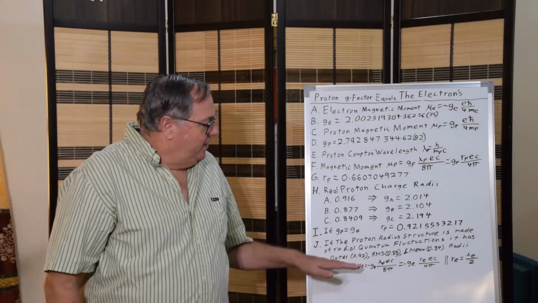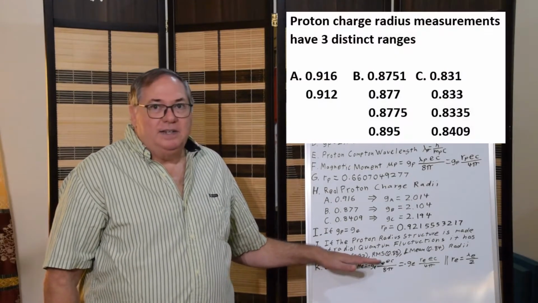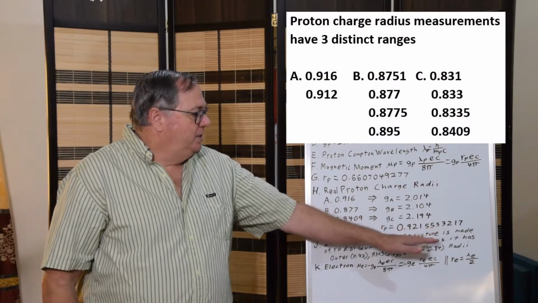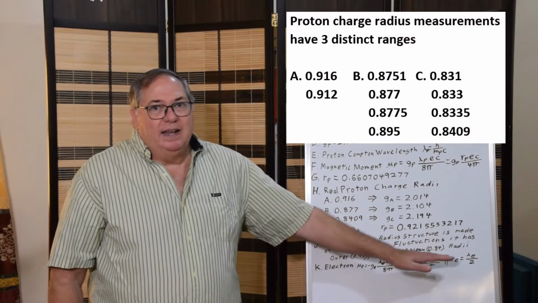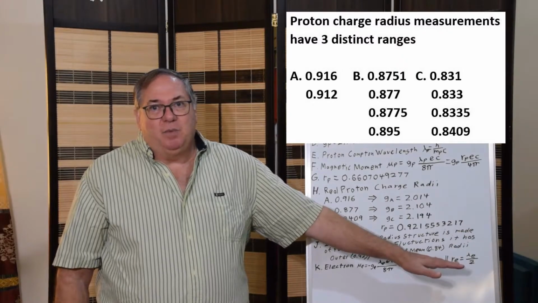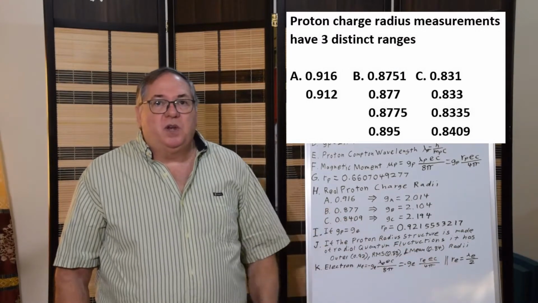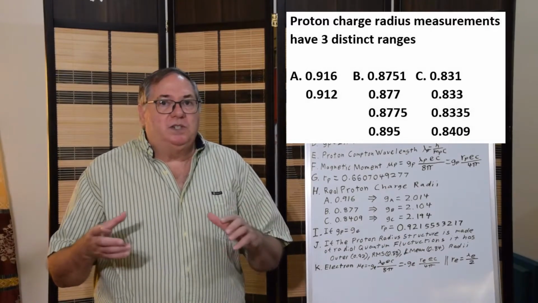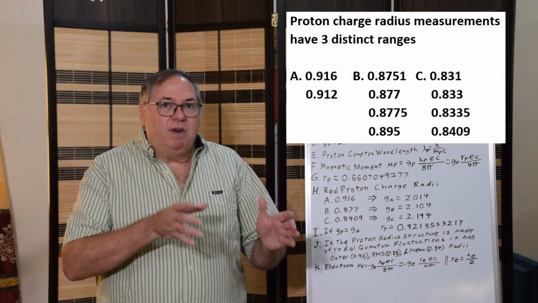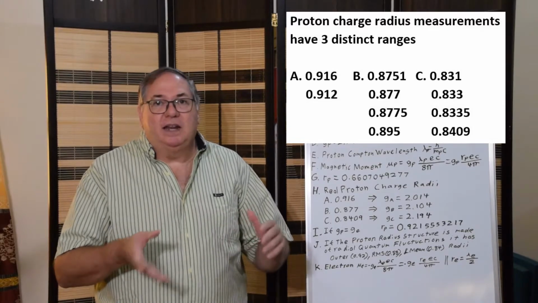And it turns out that the outer radius aligns with 0.921. The RMS radius is about 0.88, and the mean radius is around 0.84. So if you have different experiments which just happen to measure the radii in different ways, that explains the charge radius puzzle.